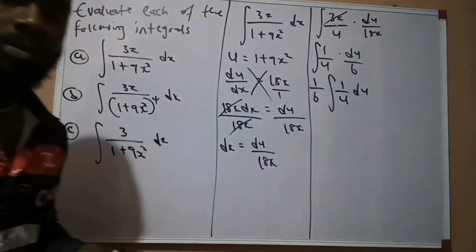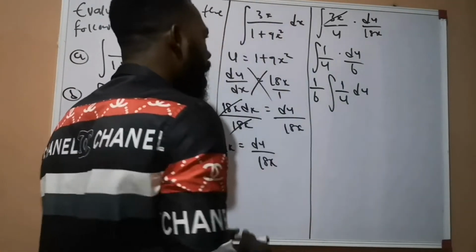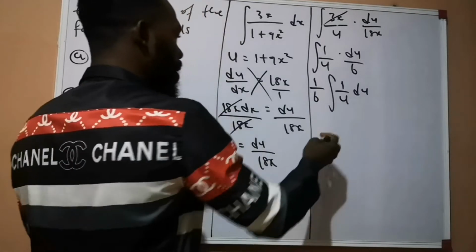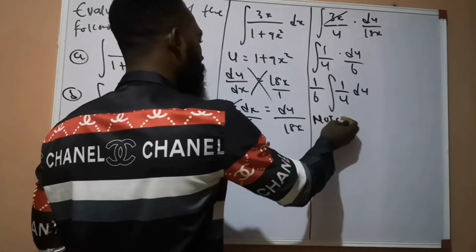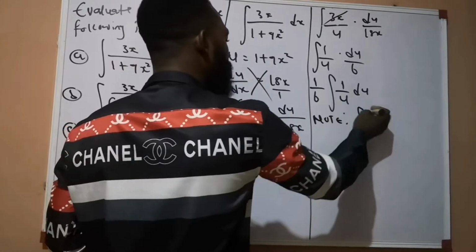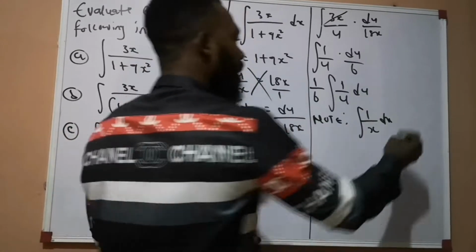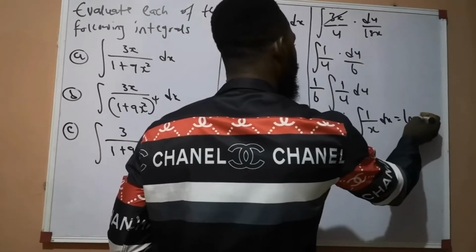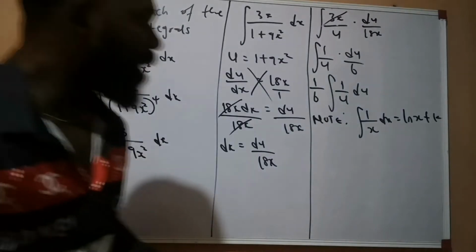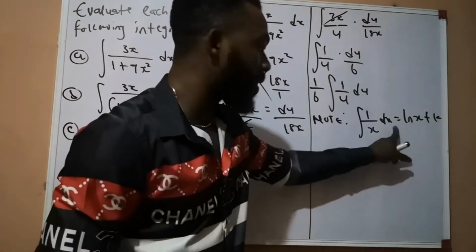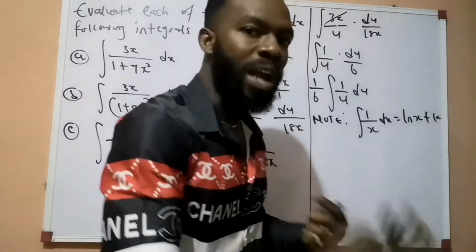Note that if we integrate 1 over x dx, the answer we will get is ln x plus k. Why do I have k?